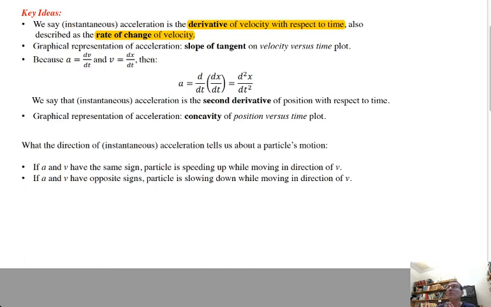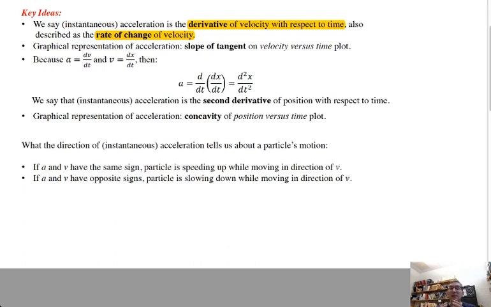Now, if you recall when we studied instantaneous velocity as rate of change of position, we had a graphical way to interpret instantaneous velocity. If you give me a plot of position versus time, x versus t, the slope of the tangent line to that plot represents the instantaneous velocity of the particle.